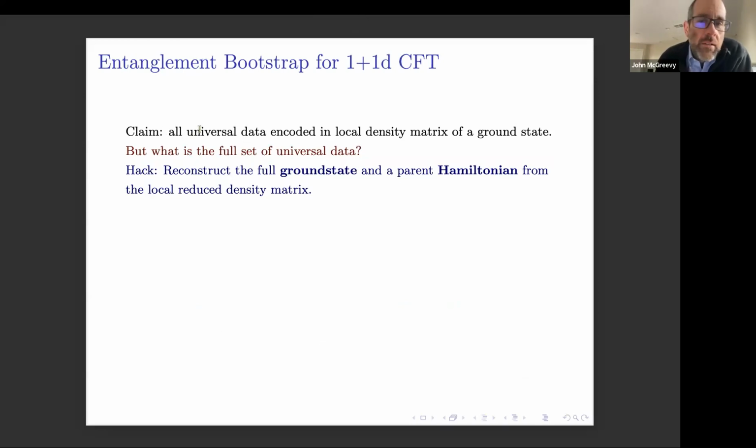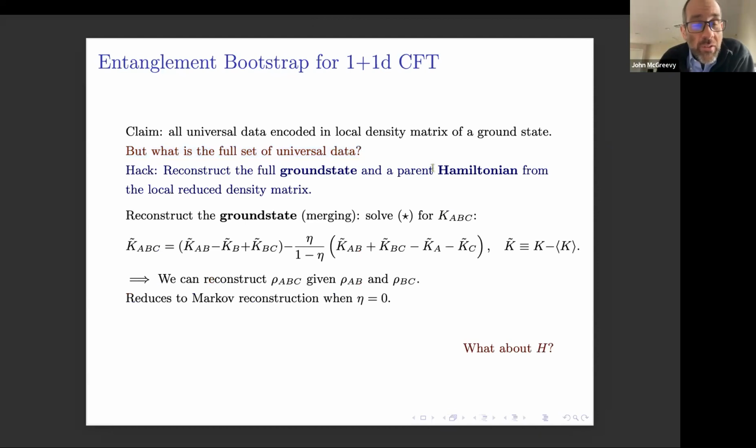So I said all universal data can be encoded in this local density matrix, but what is the full set of universal data? In general, we don't know, but a sort of hack to show that this is true is if we can reconstruct the whole ground state and reconstruct a parent Hamiltonian from that reduced density matrix. So let's proceed to do that. So first of all, we can reconstruct the ground state if the state satisfies this fixed point equation.